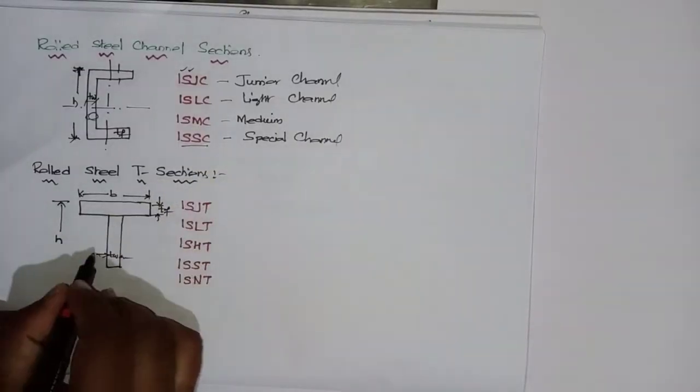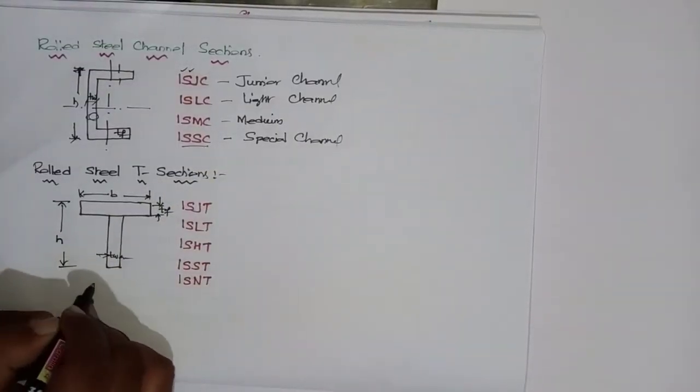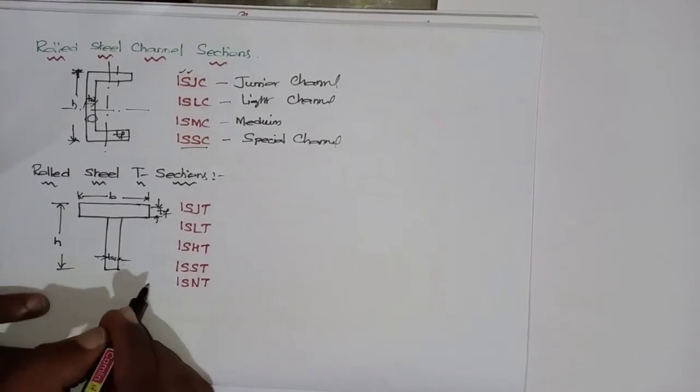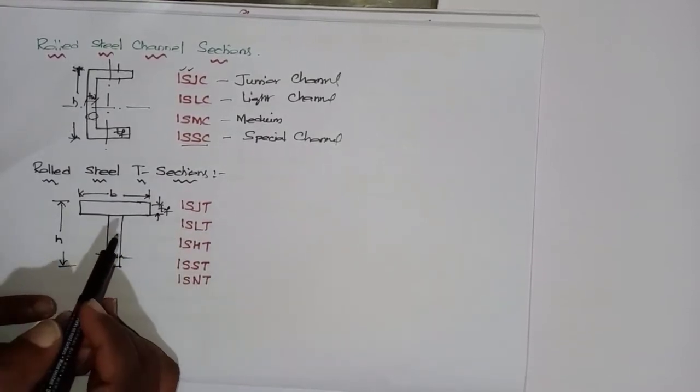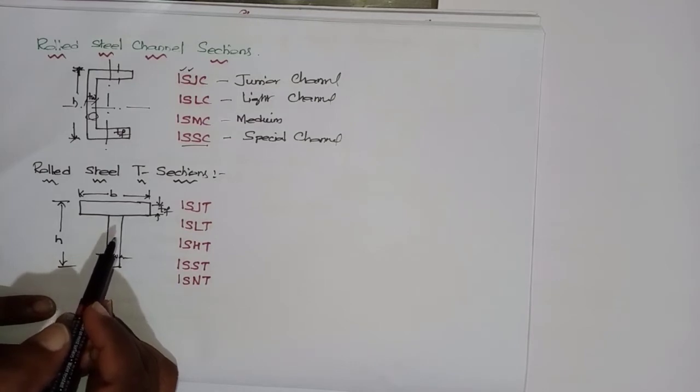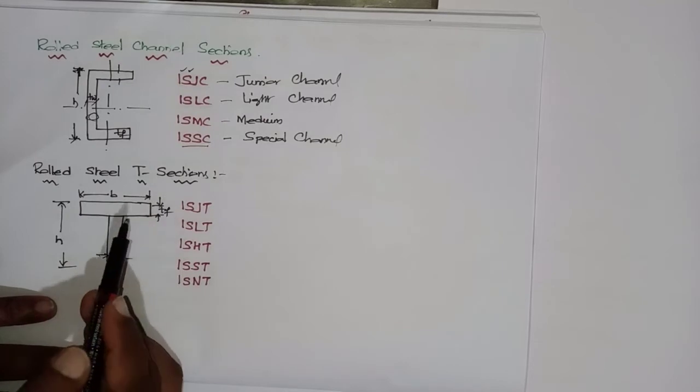Now this is the overall width of your T section with the thickness of the flange, and this is the thickness of the web, and this is the overall depth. Now how they are designated: same as usual, series with the depth followed by weight per meter length.